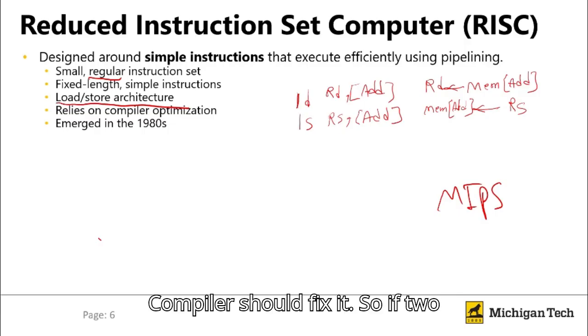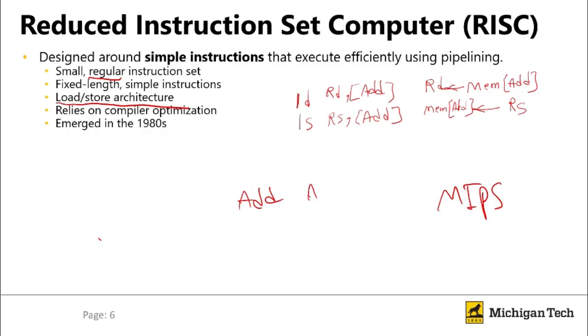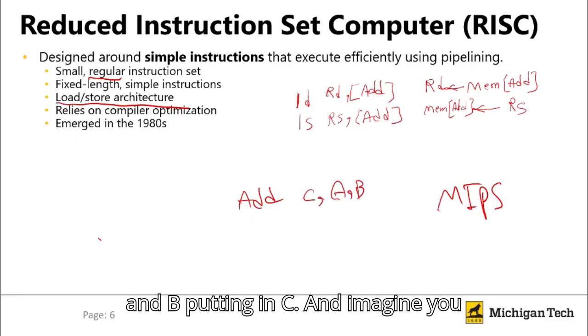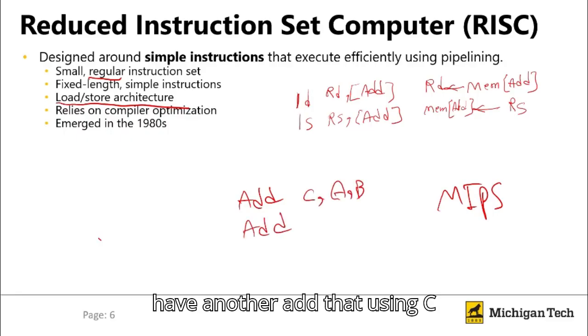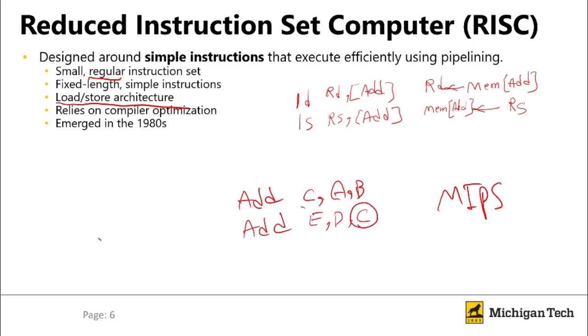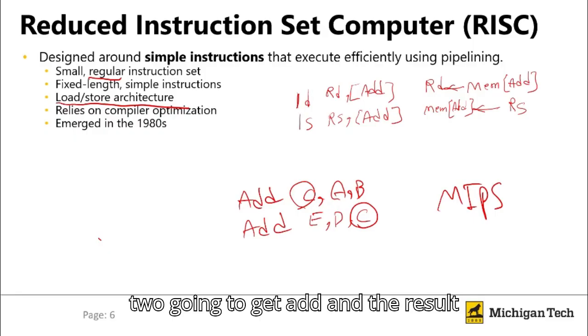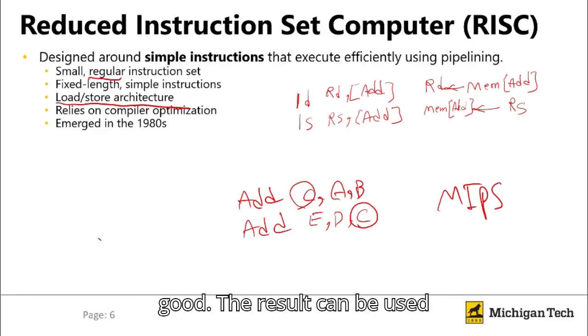So if two instructions are related, like for example you are adding A and B and putting the result in C, and imagine you have another add that uses C and D and puts the result in E. C is the result of the first add, and the result can be used here.